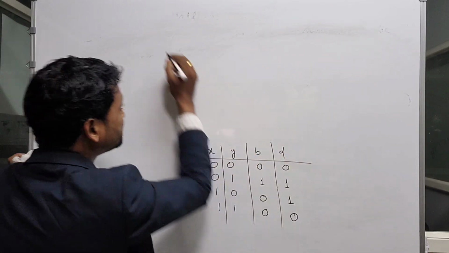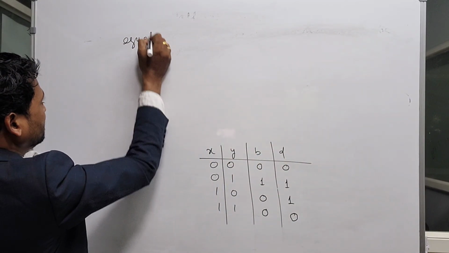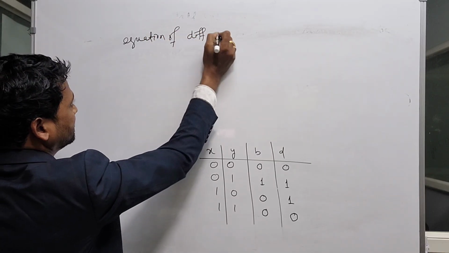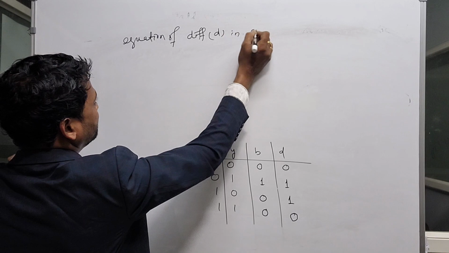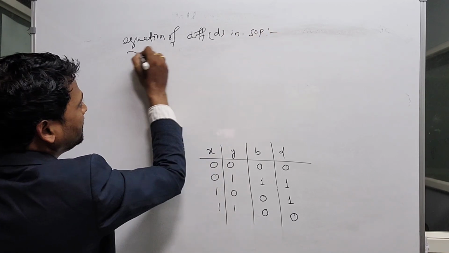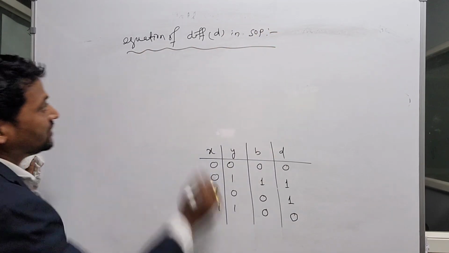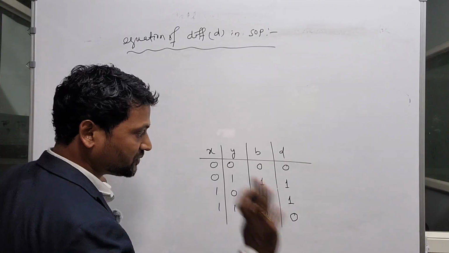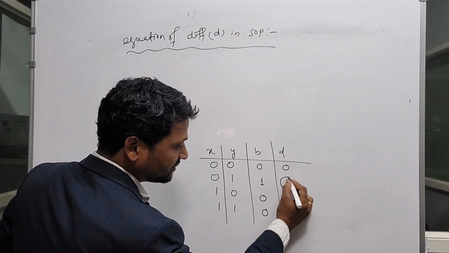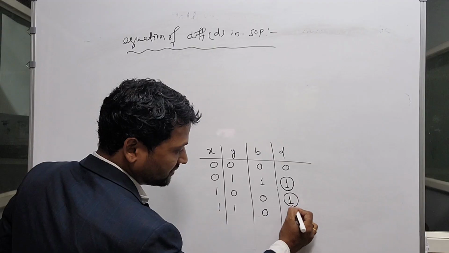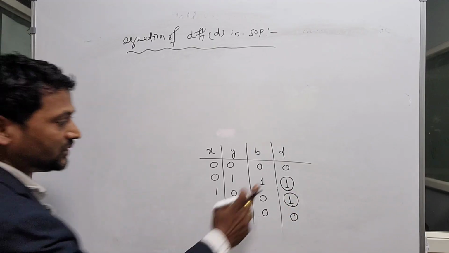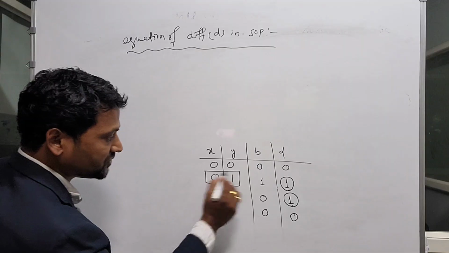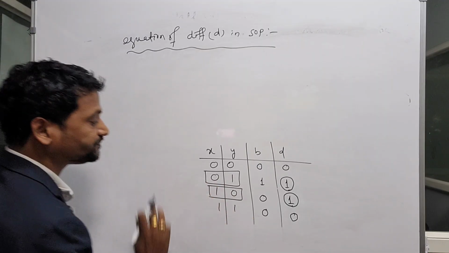Coming to the difference, we'll write the equation of difference in SOP form, then only can you design this circuit. So check what the high value is here. You only have to check where the 1 is. Here there are two 1s, so we'll take the corresponding inputs. What are the corresponding inputs? 0 1 and 1 0.